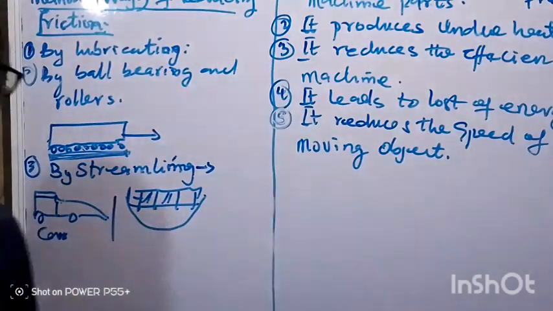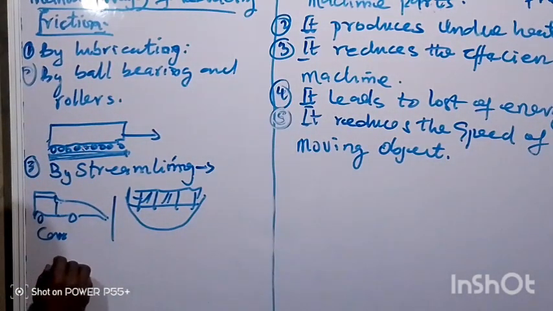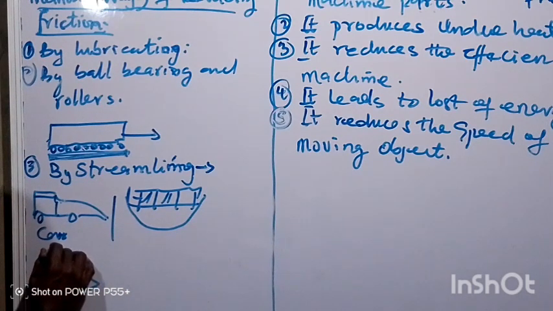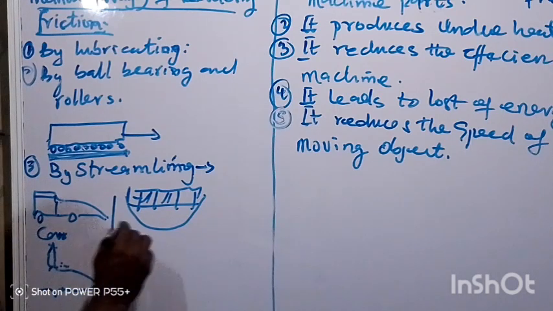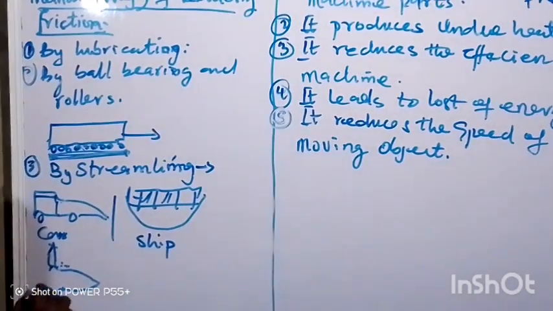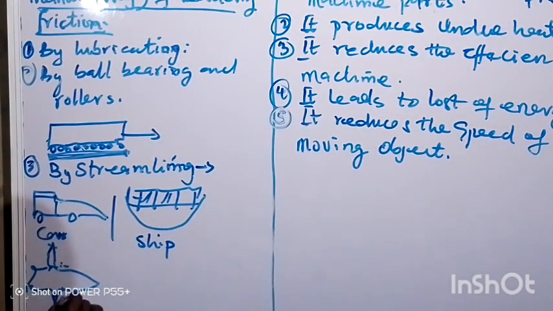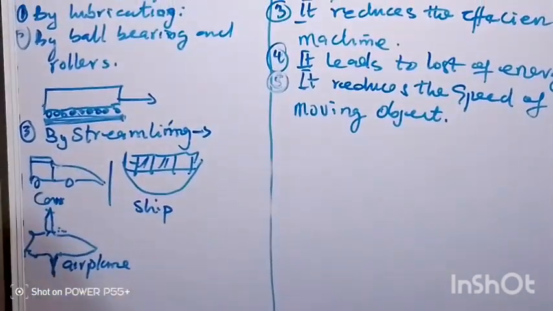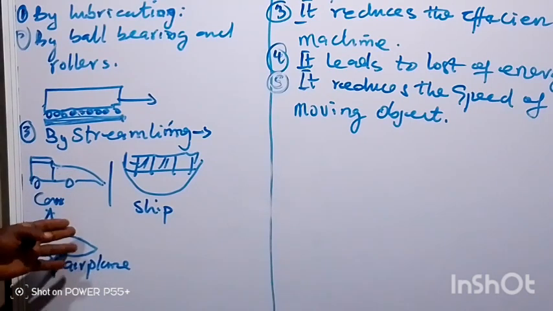If it is a plane, both the front and the wing of a plane are something like this. The wing also is curved, not so flat. All these are designed just to prevent friction, this is a ship now on water, and this is an airplane. All these shapes are constructed in such a way as to prevent air friction or water friction.